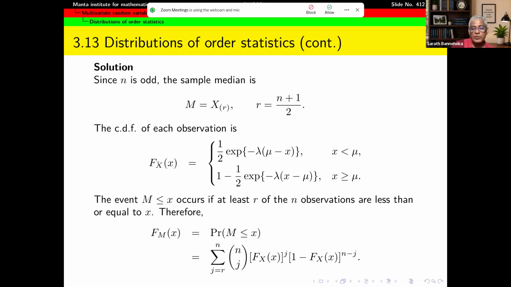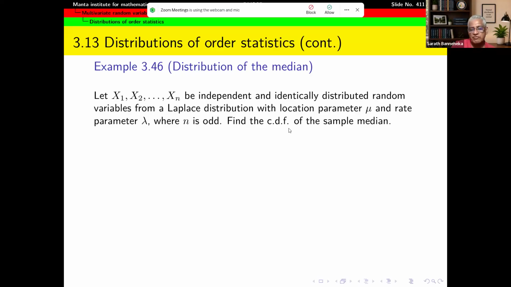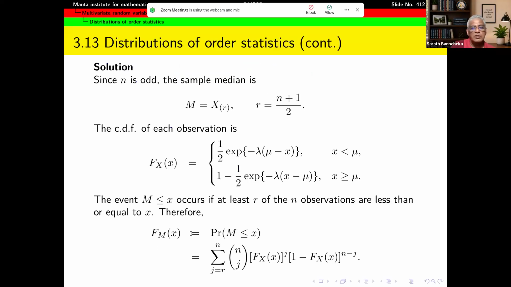So the question is actually asking to find the CDF, and here I'm just finding the CDF. Depending on the value of x, I'm calculating this F_M(x), so I have to get the correct expression from these two expressions. For example, if I'm considering an x value less than mu, then in F_M(x) I have to substitute this expression for this, and here also the same expression.